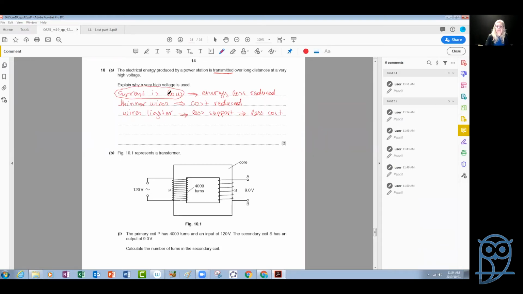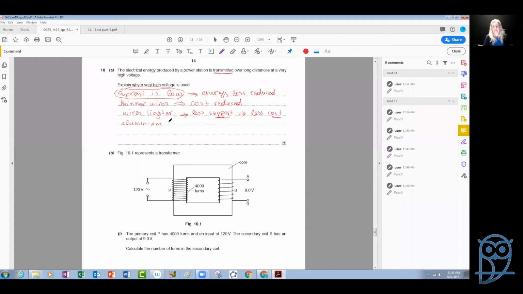Another thing that we can say is that instead of copper wires, which are expensive, we can use aluminum wires, which are much cheaper. Copper has less resistance than aluminum, but aluminum is so much lighter and cheaper that again we reduce the cost of transporting it through wires and also through the support.